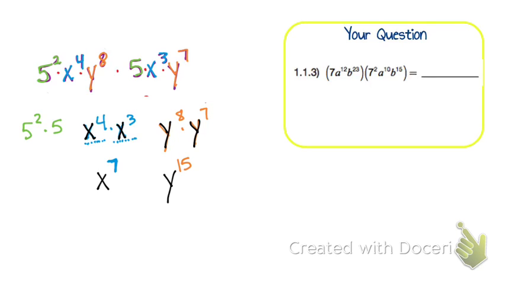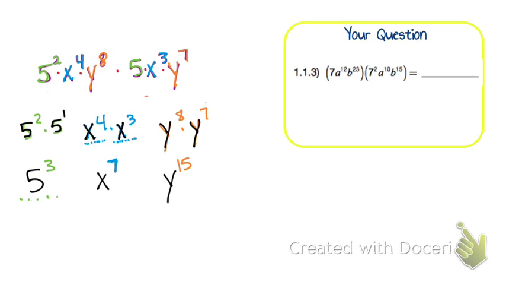Now, when you have something like this over here on the left in the green, these are just numbers. We could say this is the same as 5 multiplied together 2 times and 5 multiplied together 1 time. So that is 5 multiplied together 3 times. But we need to simplify this 5 to the 3rd a little more.